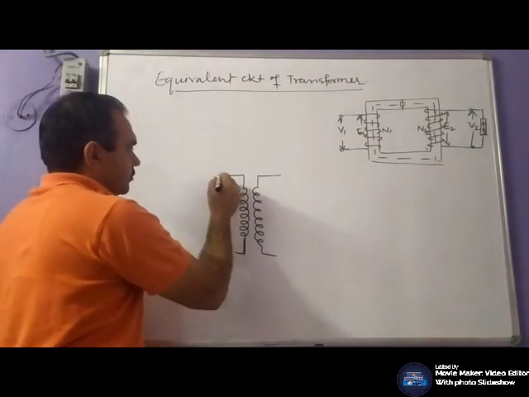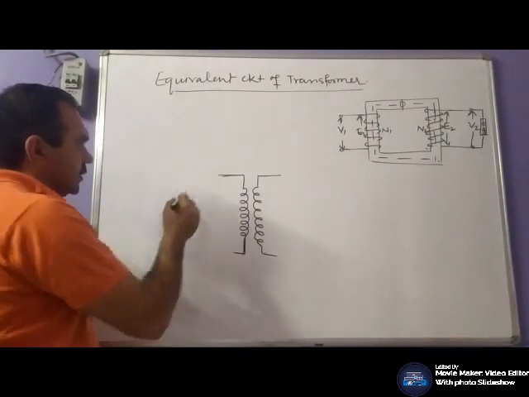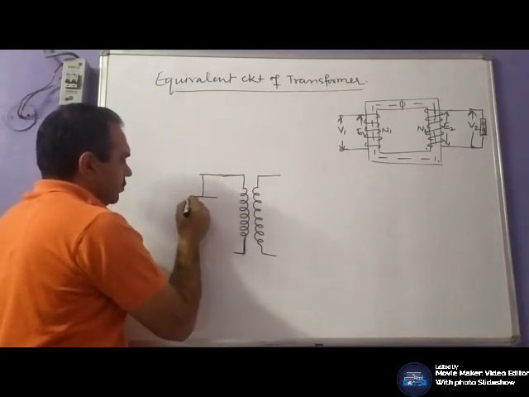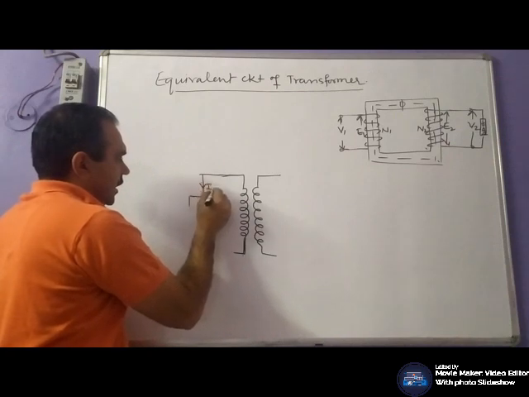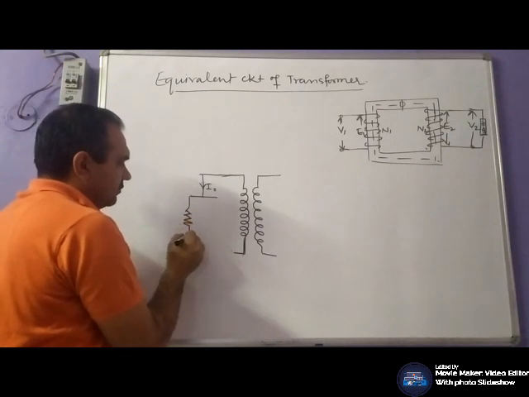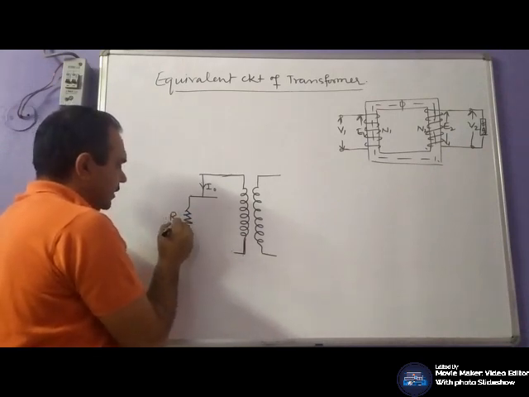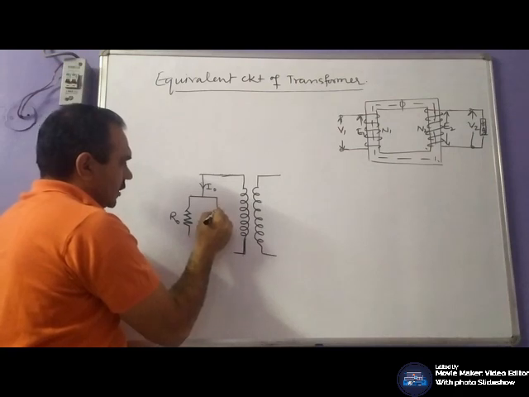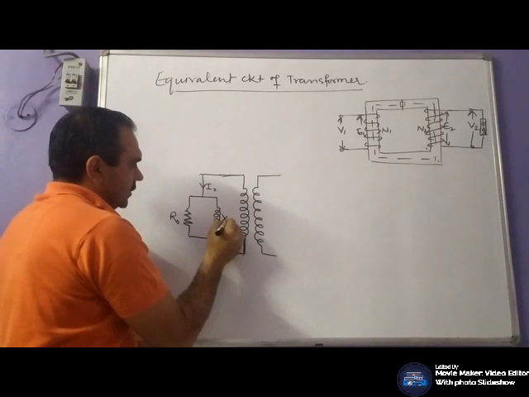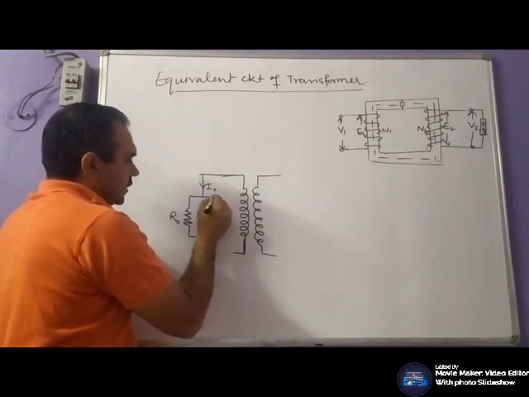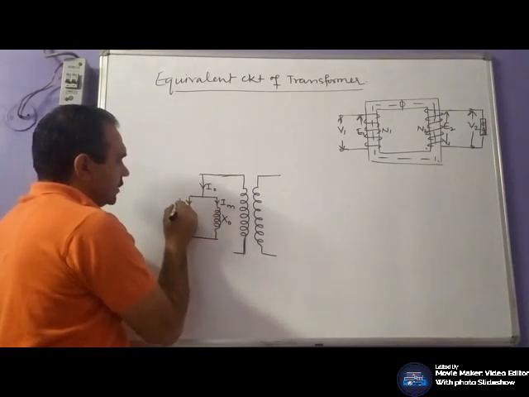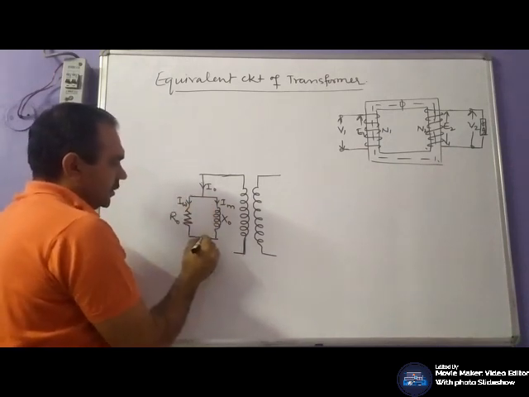Now, thereafter, your transformer draws no load current I naught, which has an active component, represented by R naught, and a magnetizing component, X naught. Let this be the magnetizing current, and this be the working component.